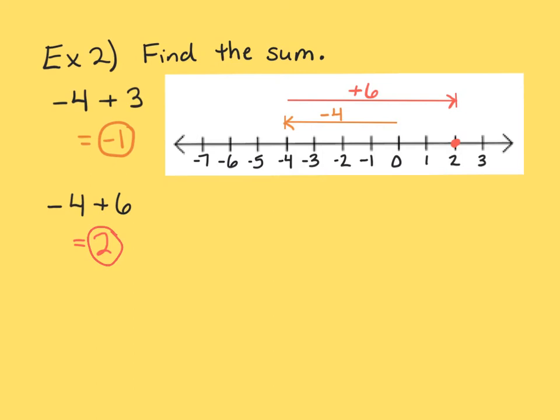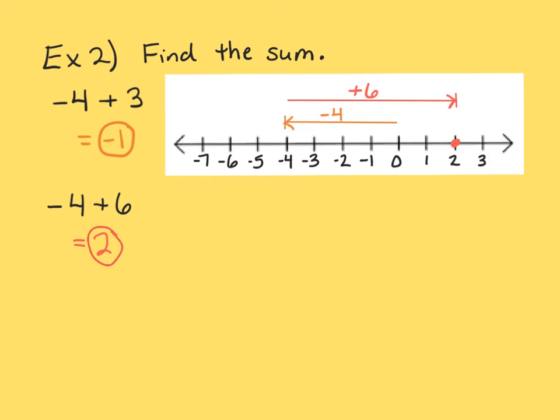Also, look at the signs. When we said -4 plus 3, the sum was negative. Notice negative 4 has a greater absolute value than 3. It's further from 0. When we added negative 4 plus 6, we got a positive 2. Notice that the positive 6 has a greater absolute value.